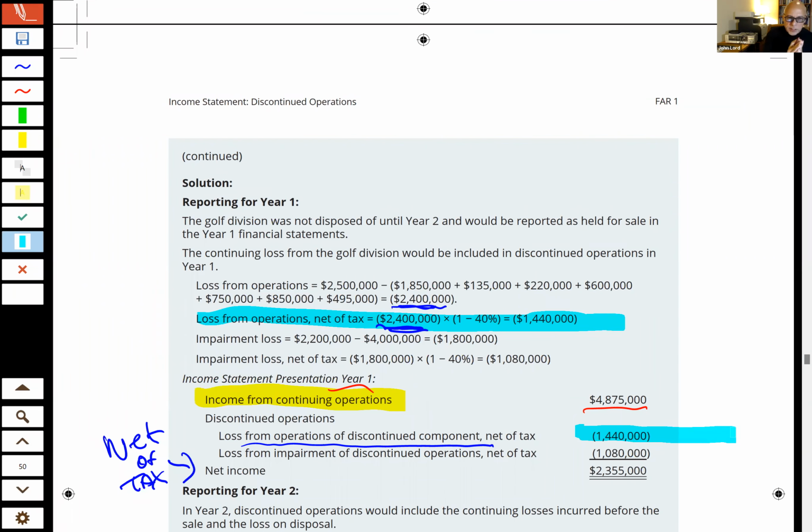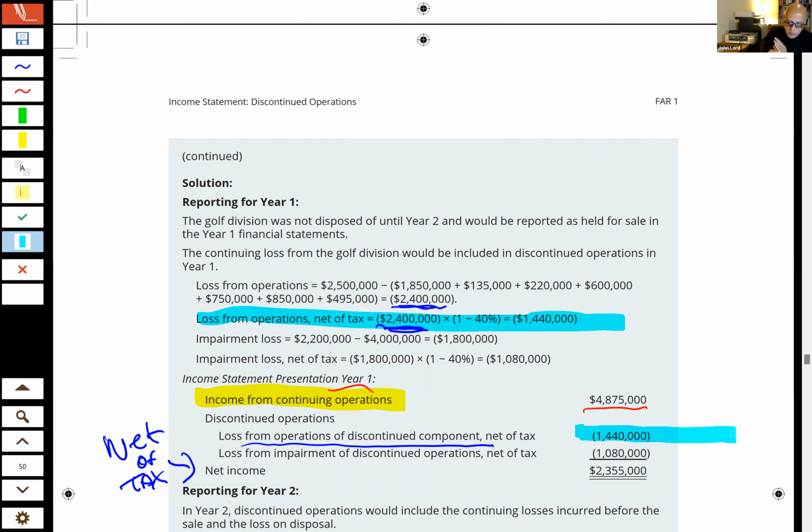Okay, so on the exam now, they're throwing out the baby with the bathwater here, guys. They're making you do all that calculation. On the exam, they're going to tell you the loss from operation is 2,400,000. The tax rate is 40%. I have to report that net of tax. So I would report this 1,440,000.